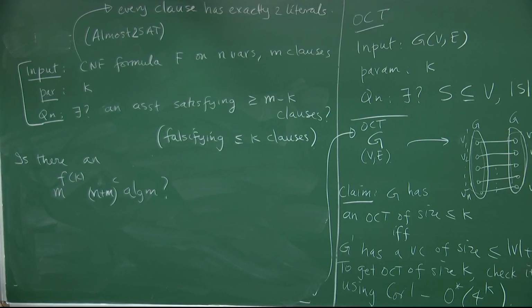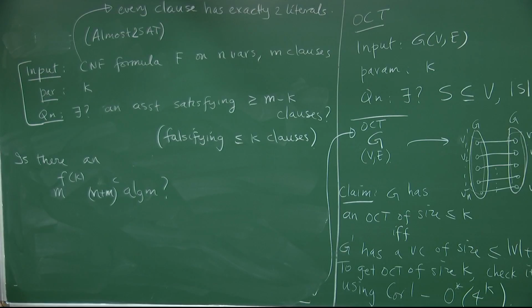So, you guess the k clauses which you want to falsify. Go to those clauses, set every literal to be false because we want to falsify them, and simplify the remaining formula. Now I ask, is the remaining formula satisfiable? Since it's a 2-SAT formula, you can check that in polynomial time, right? If it's not, you make another guess and run through all possible guesses, and you get something like an m choose k times poly in the input size algorithm.